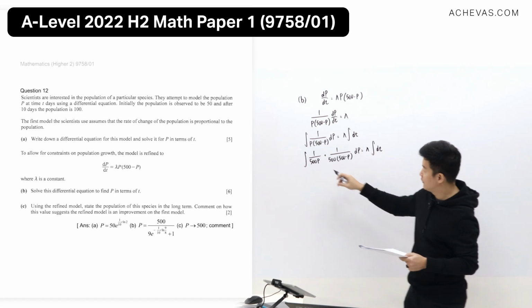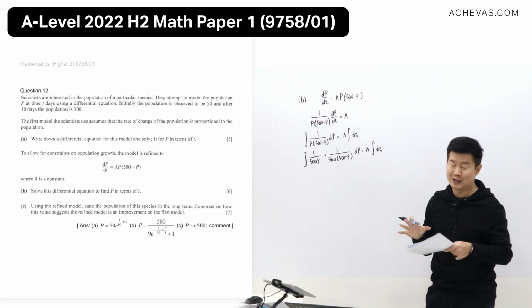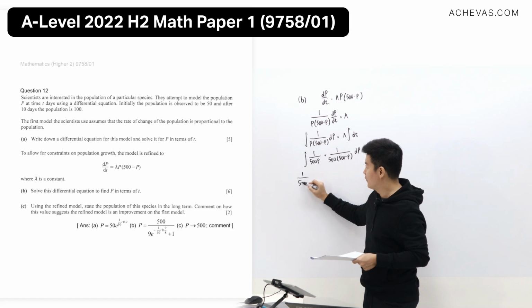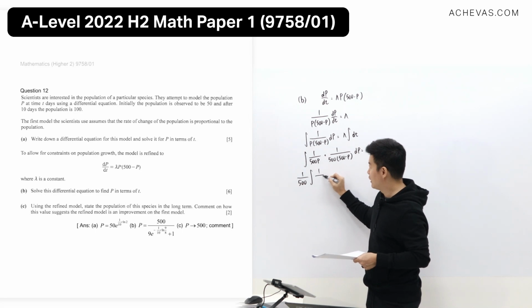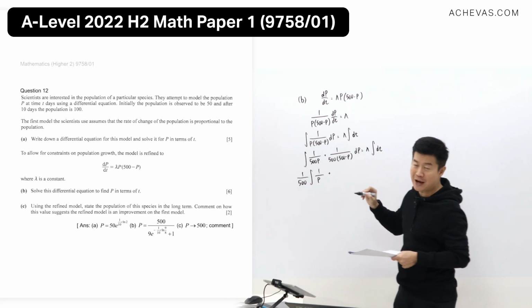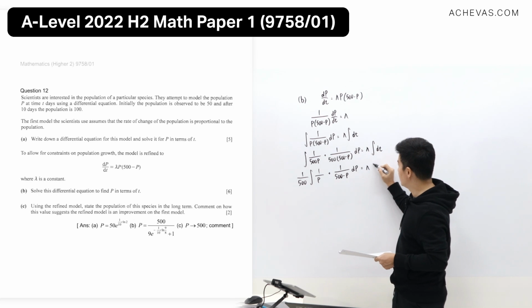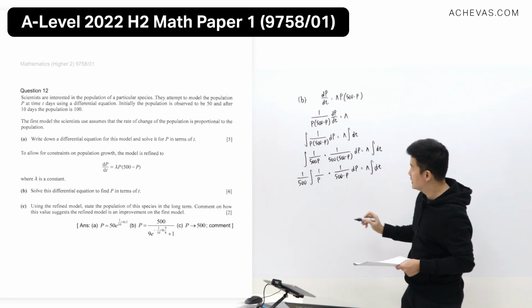Let's factorize out the 500, since it is not a very friendly number to stay within the integral. So I have 1 over 500 times the integral of 1 over p plus 1 over (500 minus p) dp, equal to lambda times the integral of 1 dt.